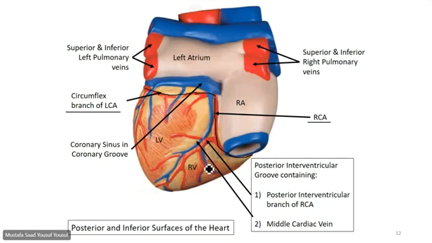But the right coronary artery here will give off a branch. This branch will pass in another groove called the posterior interventricular groove, because it is located between the ventricles posteriorly, and this is called the posterior interventricular branch of the right coronary artery. And in this groove, this artery is accompanied by the middle cardiac vein.